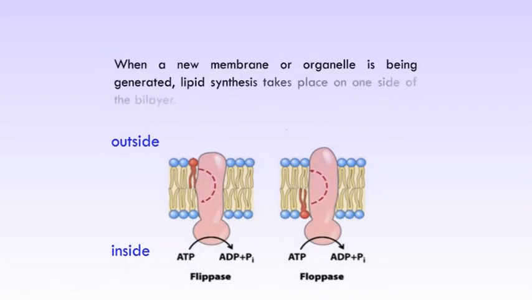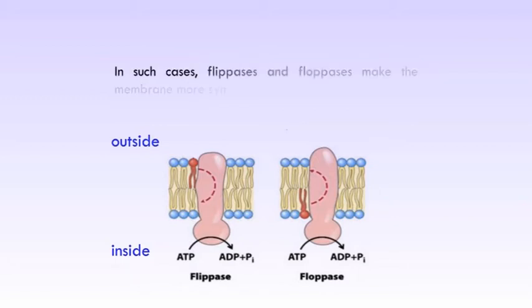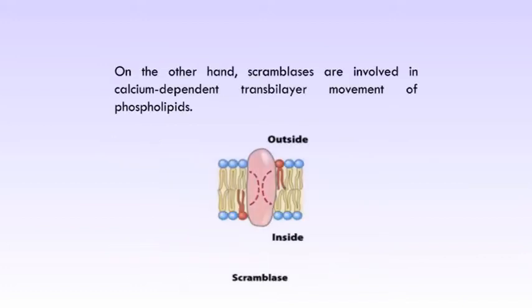When a new membrane or organelle is being generated, lipid synthesis takes place on one side of the bilayer. In such cases, flippases and floppases make the membrane more symmetric. On the other hand, scramblases are involved in calcium-dependent transbilayer movement of phospholipids.